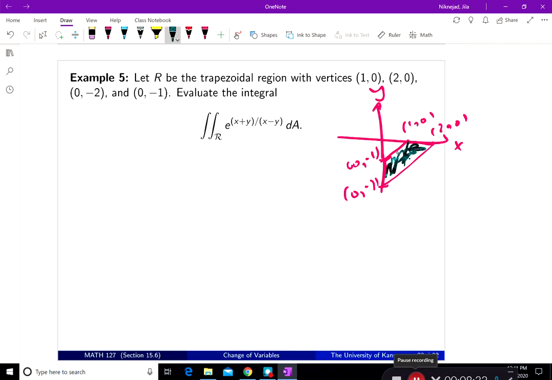The region is not too bad, but not too simple neither. It's obviously not a simple region, either in the x direction or in the y direction. But it can be divided into two simple regions. But then it's asking us to take the double integral over this region, R, of e to the power (x plus y) over (x minus y).